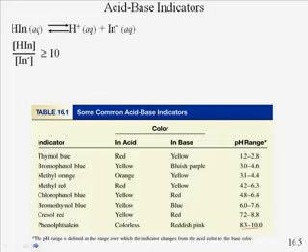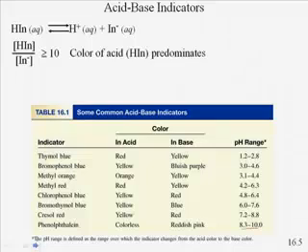Okay, and the rule of thumb is that for the acidic color, the color that the acid forms in solution, we will see that when the acid to base ratio is greater than or equal to 10.